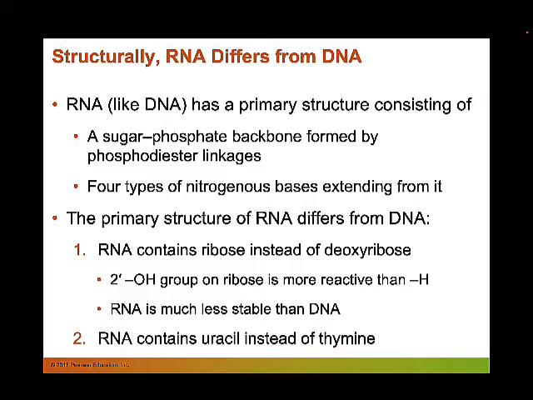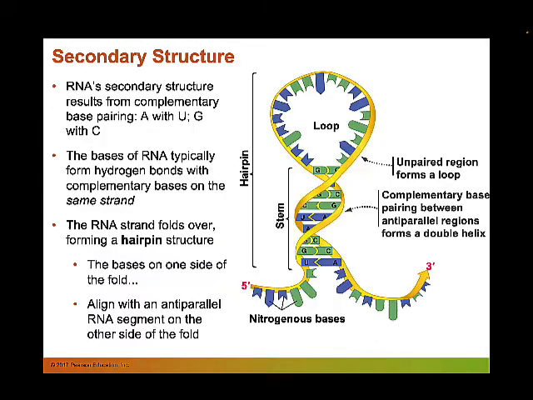And as we pointed out in the first lecture, the ribose has a 2' hydroxyl group, and this 2' hydroxyl group is more reactive than the 2' hydrogen in DNA. So RNA is much more reactive, and RNA is also much less stable than DNA. Another difference of the primary structure is that RNA contains uracil instead of thymine. So those are some differences in the primary structure.